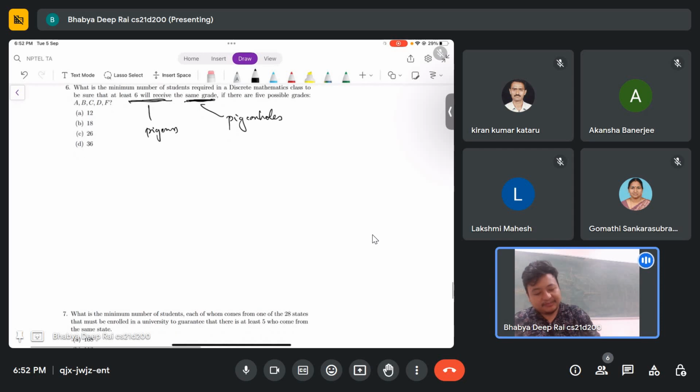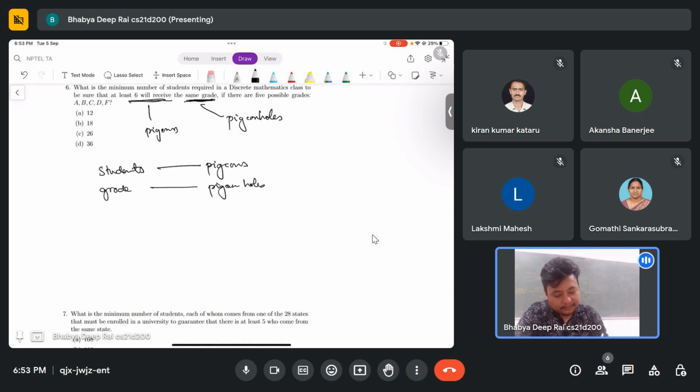So in this question, 6 students are sharing the same grade. It means students are the pigeons, and grades are the pigeonholes.